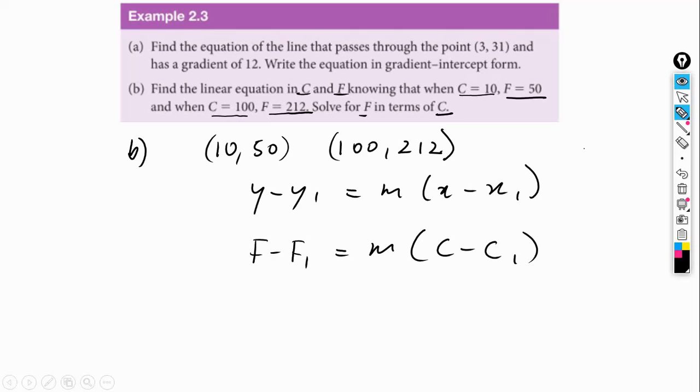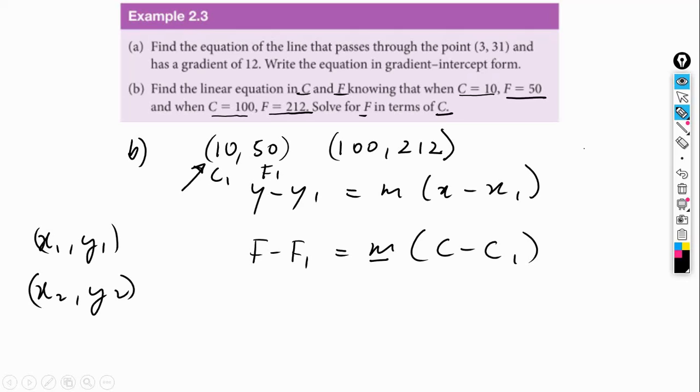We can take this point to substitute for C1, F1, right? This would be C1, and this would be F1. So we have what we need to plug in, except for the slope or the gradient. But in general, we know that if we have 2 points from a line, let's call those points in general, right? x1, y1, and x2, y2.